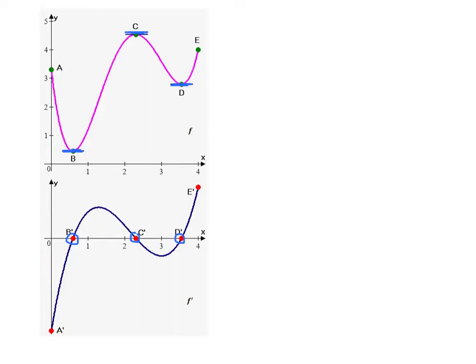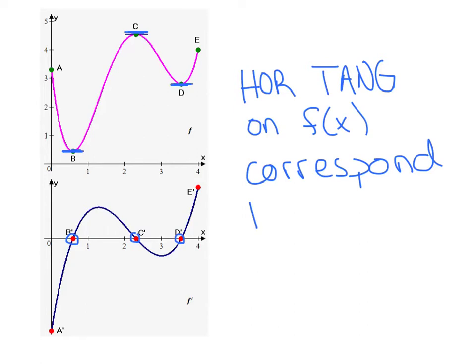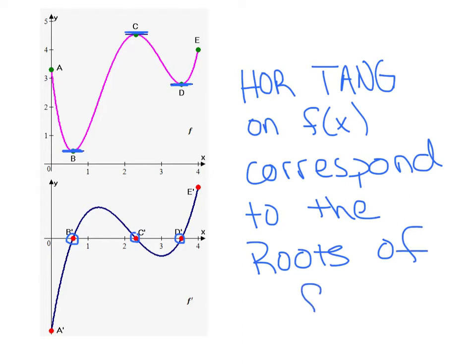So we want to get this concept down, that the horizontal tangents on f of x, they correspond to who? How are we going to describe this? They correspond to the roots or the zeros of f prime.